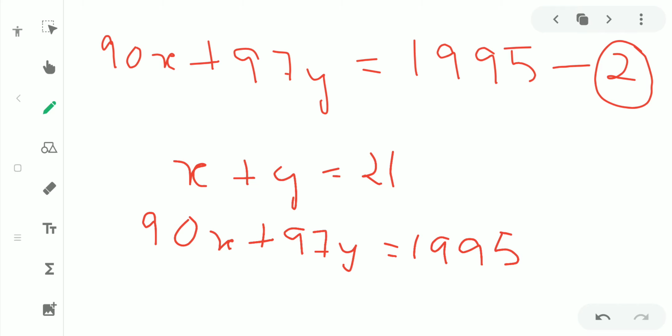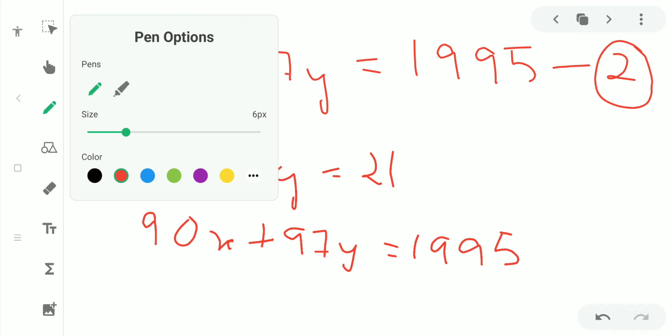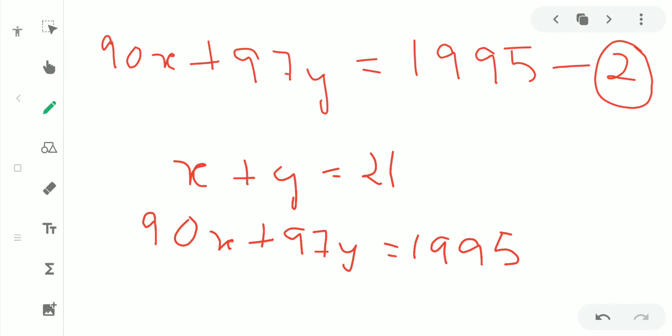So let us now make the x terms similar. In order to make this term similar, I will multiply the whole first equation with 90, and the second I need not multiply with anything, that is nothing but 1.